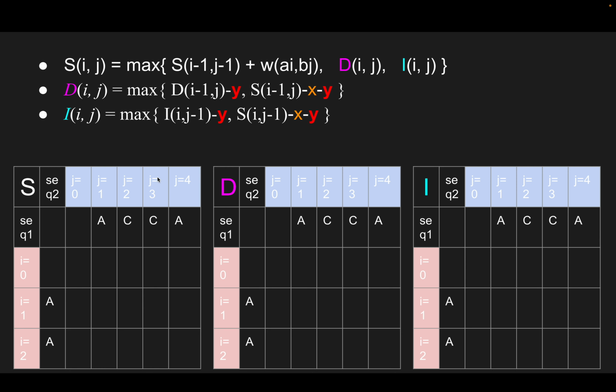Don't forget that our sequence indices start with 1, but in the boundary condition we will start at 0 for both i and j. After we create this table, we will start to calculate S(i,j), in this case S(2,4). We can just fill out the table one by one.